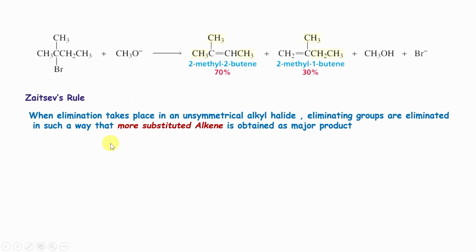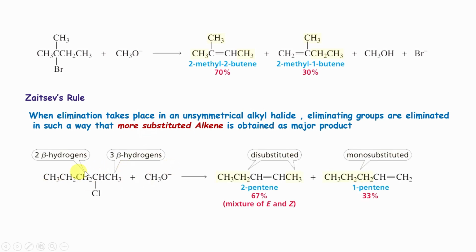According to Zaytsev rule, when elimination takes place in an unsymmetrical alkyl halide, the eliminating groups are eliminated in such a way that the more substituted alkene would be the major product.